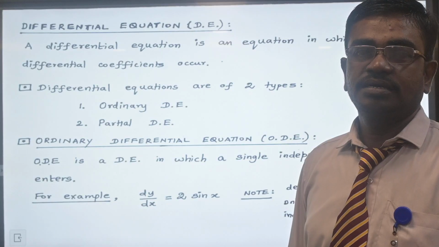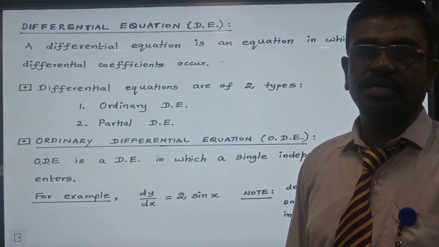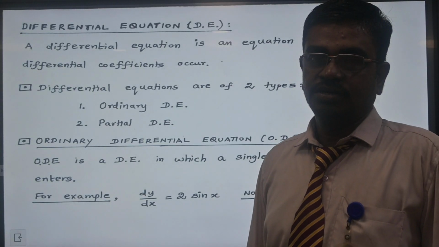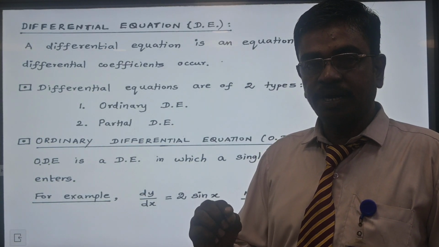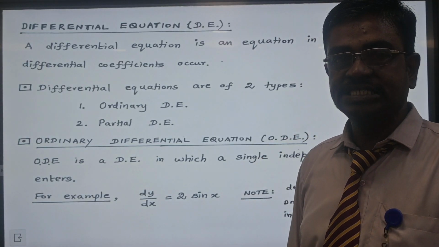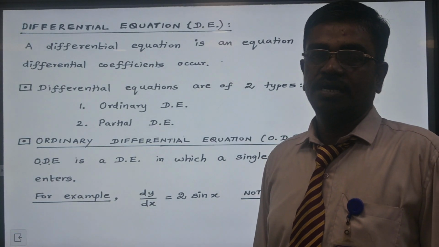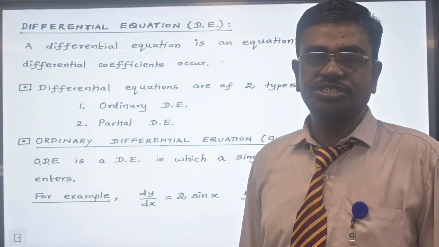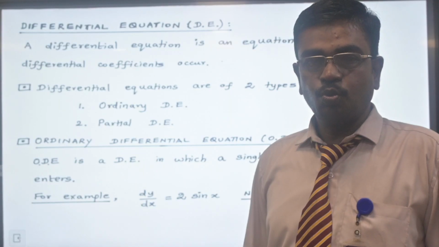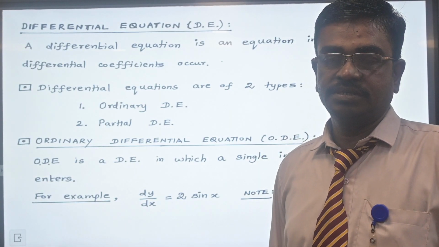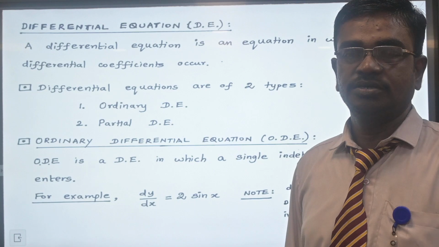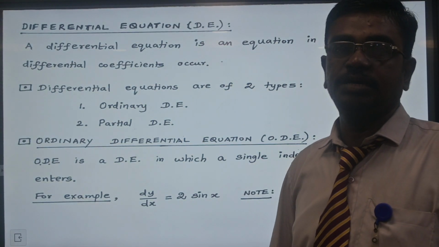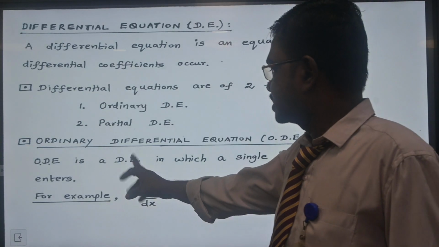First, the example dy by dx equal to sin x. Here y depends on x, so y is the dependent variable and x is the independent variable. In this equation there is only one independent variable, that is x only.